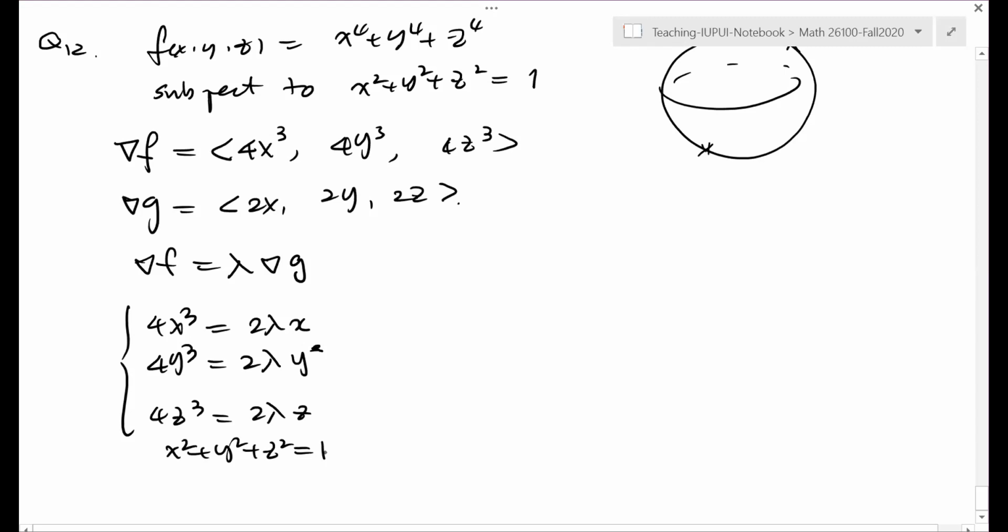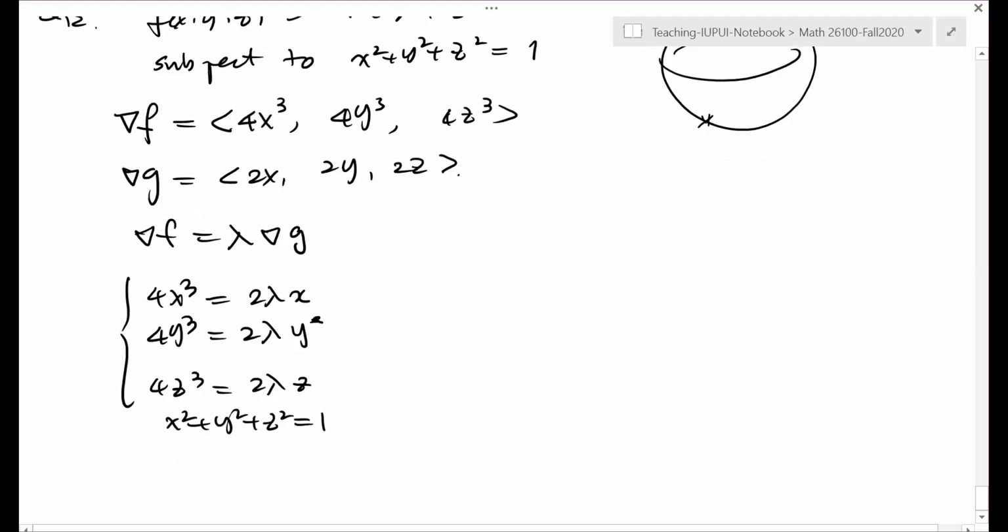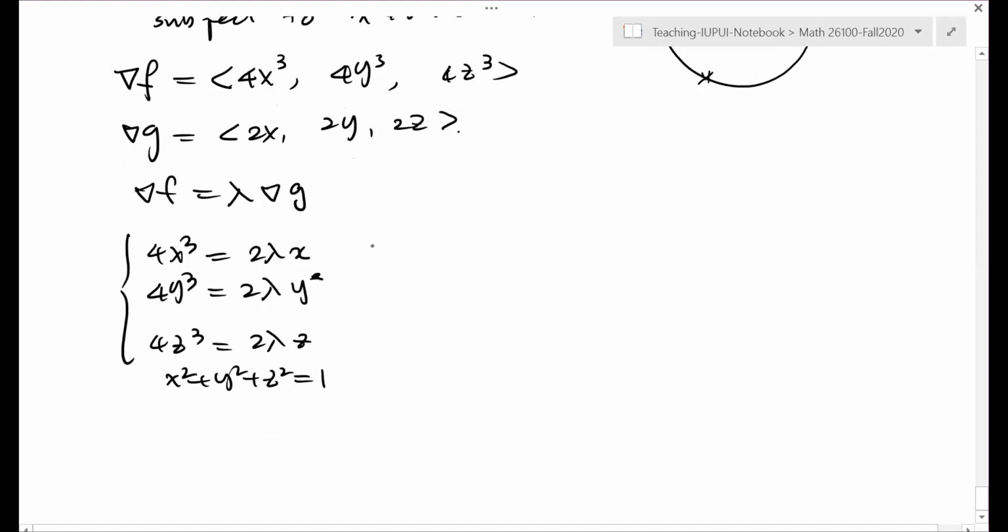Okay. Now, to solve these equations, first of all, you have to say whether x can be 0 or not, right? If x can be 0, what happens to the y variable? So the first equation implies either x equals 0, or if x is not 0, x squared equals half of lambda.